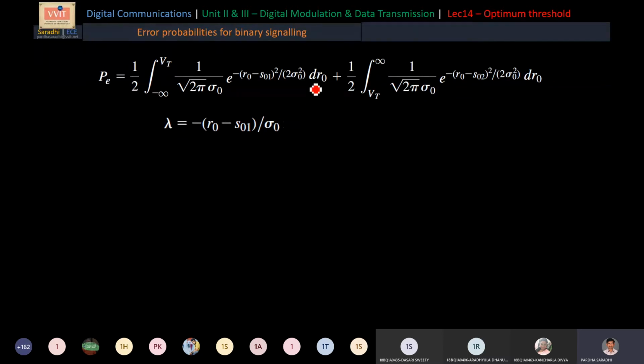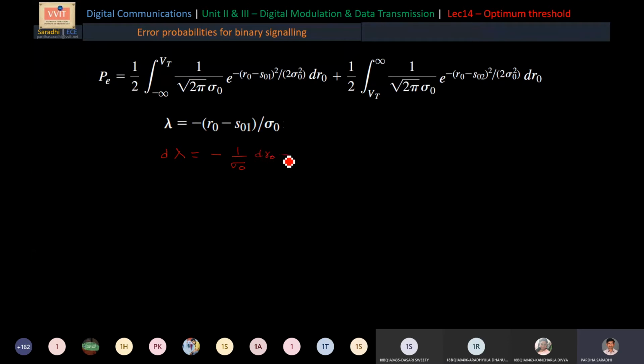We are just turning this integration into an integration variable lambda, that's all. And how do you do that? I will completely do one integration, and you will understand the next one. So this is the substitution: d lambda equal to minus 1 by sigma naught dr naught.